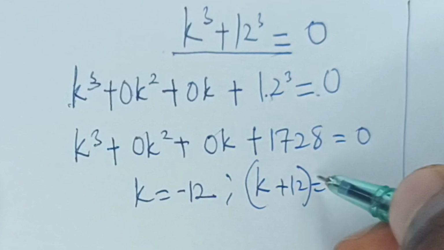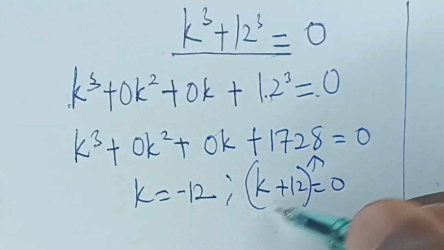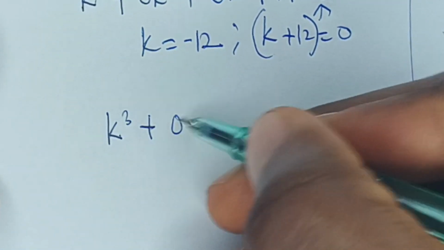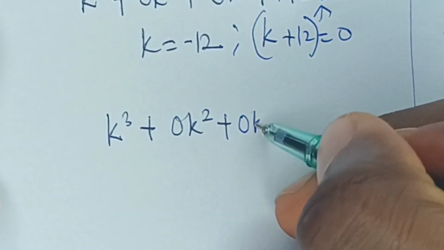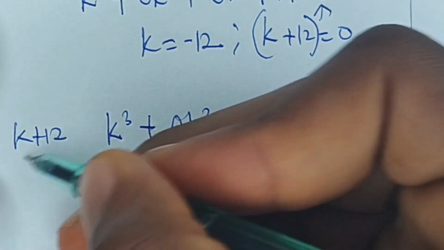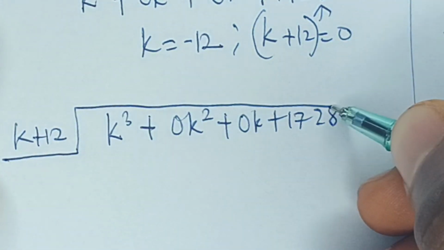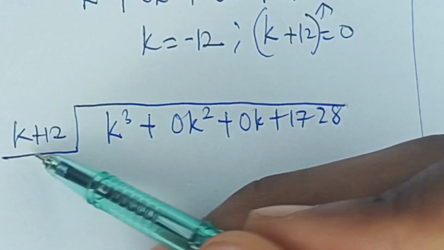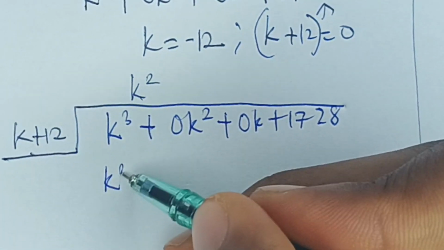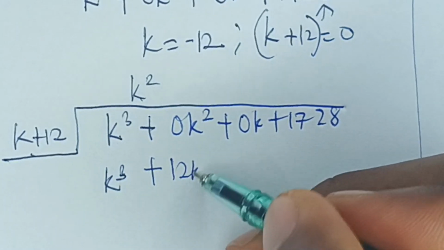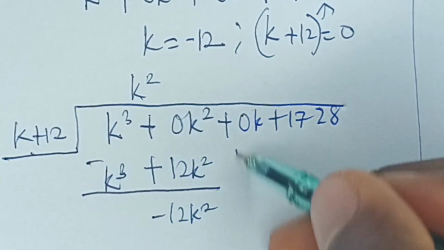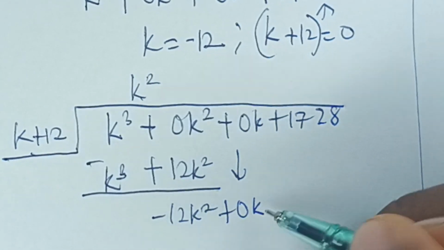We're going to divide this by k plus 12. So we have k raised to power 3 plus 0k squared plus 0k plus 1728 divided by k plus 12. Now k into k squared is k cubed plus 12k squared. When you subtract, you have negative 12k squared, plus 0k.